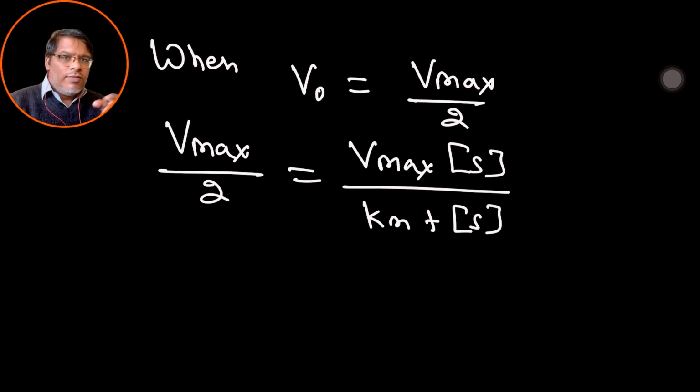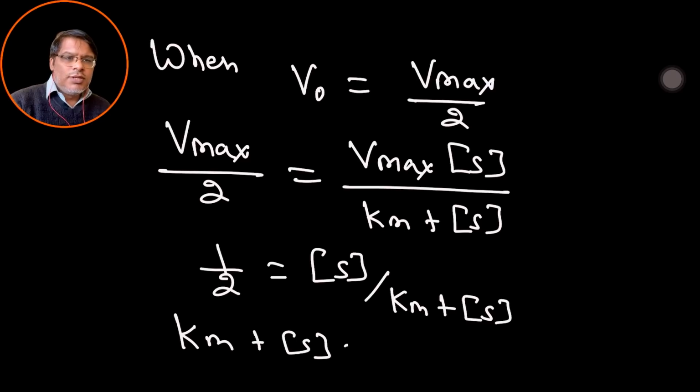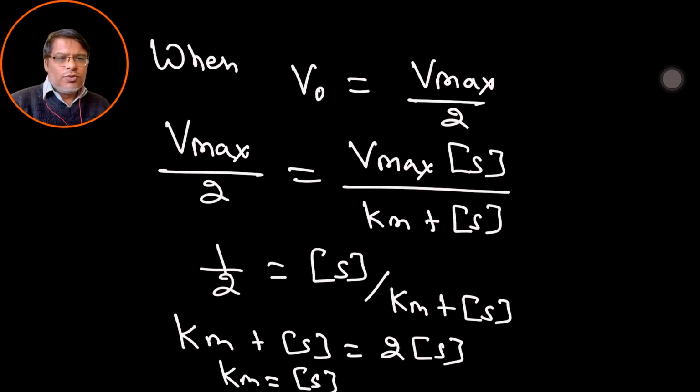Both Vmax will get cancelled. Half is equal to substrate concentration divided by Km plus substrate concentration. If you solve this, Km plus substrate concentration is 2 multiplied by substrate concentration. Then Km is equal to 2 substrate concentration minus 1 substrate concentration, which leaves substrate concentration.